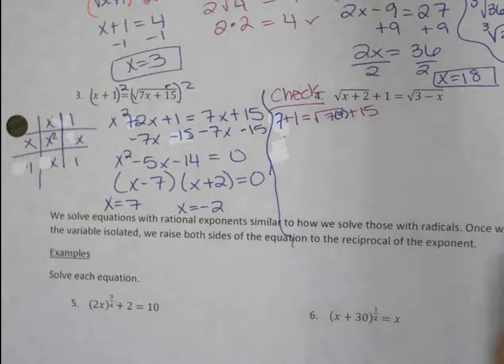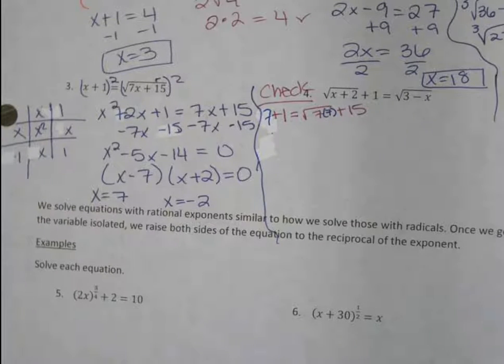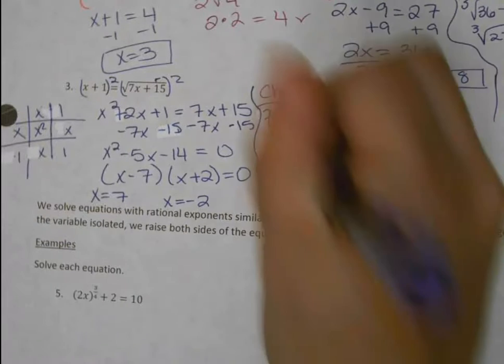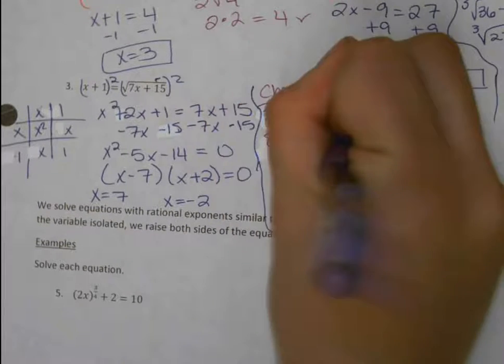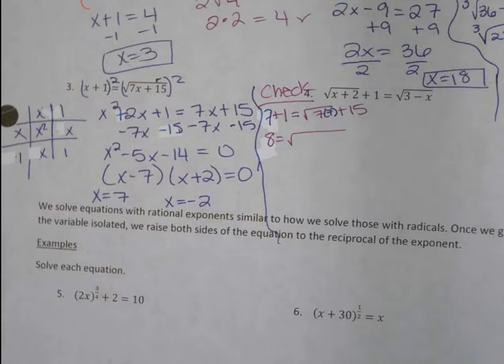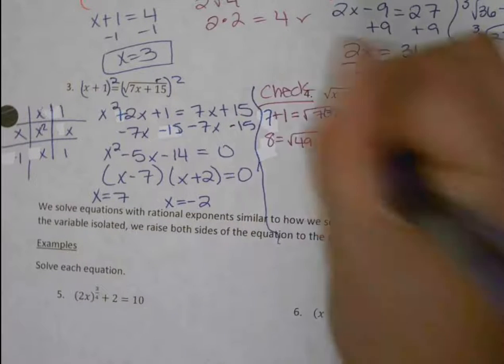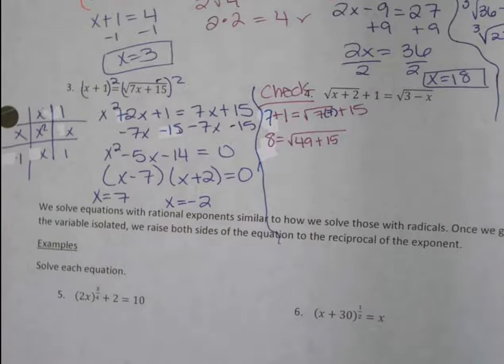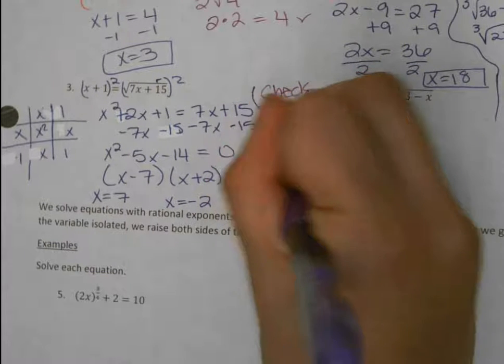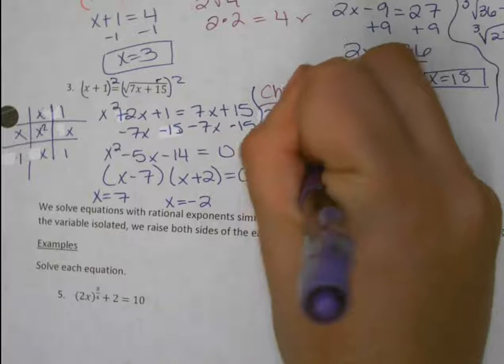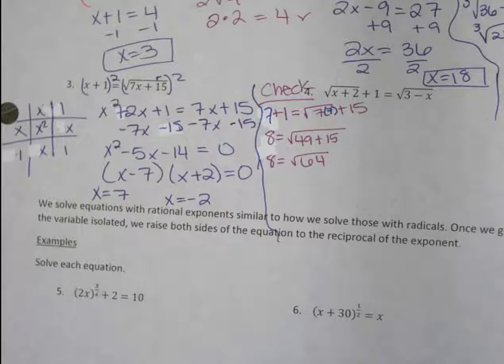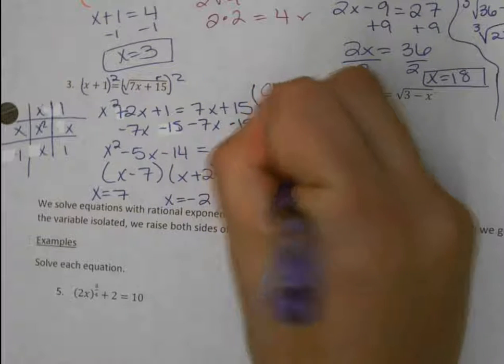Right now I'm starting with checking the 7. 7 plus 1 is 8. 7 times 7 is 49, plus 15 is 64. The square root of 64 is 8. So is this one good?